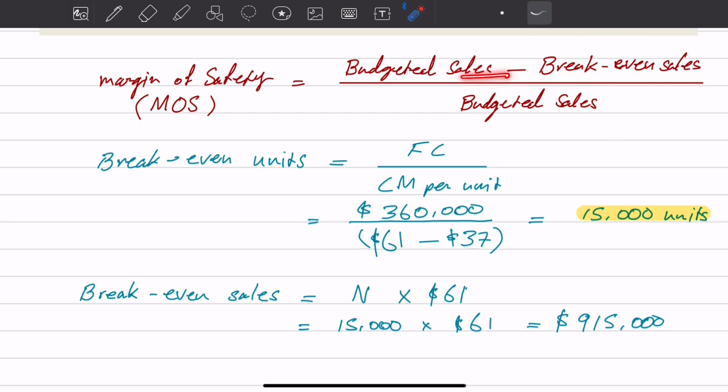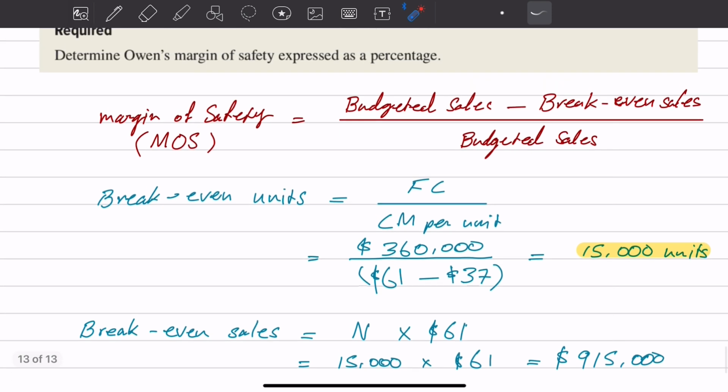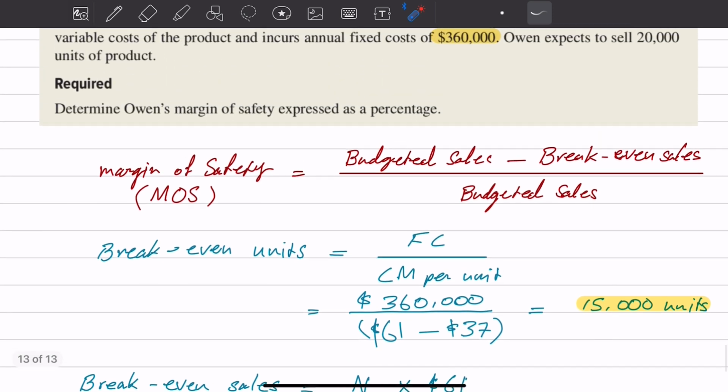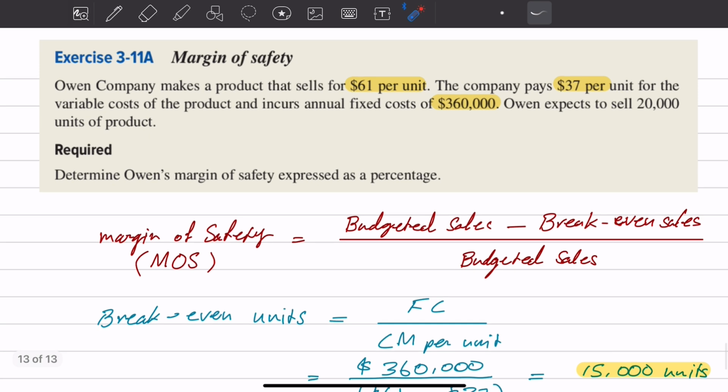We still need to find the budgeted sales. How can we find the budgeted sales? We're gonna assume that N equals the number of units that the company said that they expect to sell, which is 20,000 units.